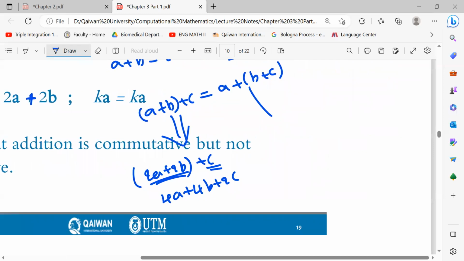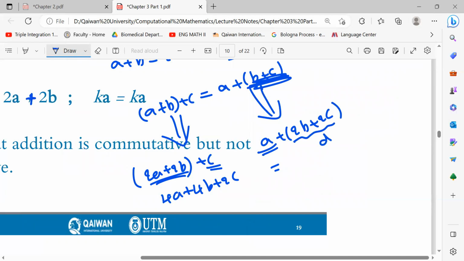And let's do here also. A plus (b plus c) is what? It's 2b plus 2c. And this equals, this is a, and let's say this is d. What's a plus d?